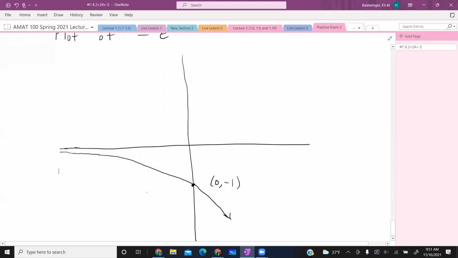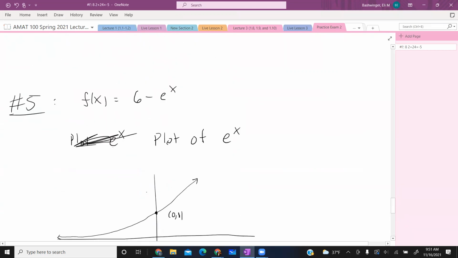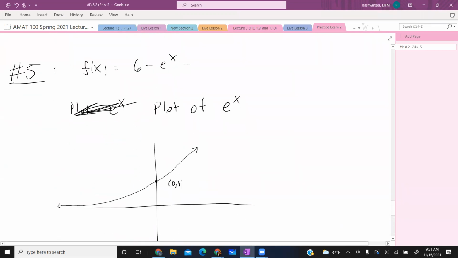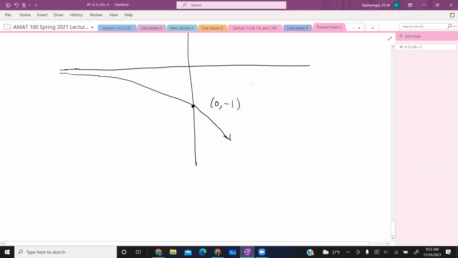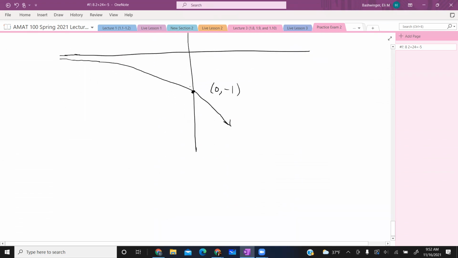And then, well, first let's write, so our function is 6 minus e to the x. Let's just write it like this. And then it'll be clear what the next transformation is. The next transformation is going to be a vertical shift upward 6 units. And that means that the asymptote goes up 6 units as well.